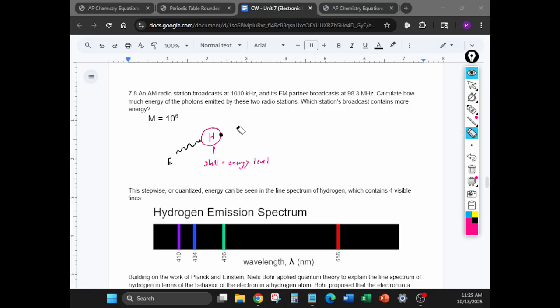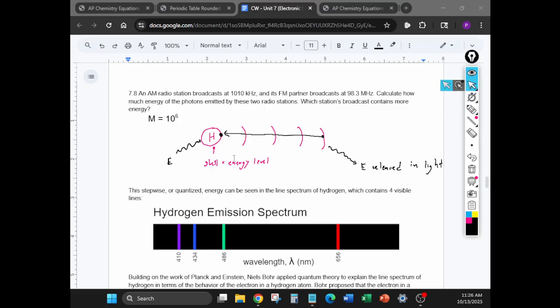But when it does that, because it's at a higher energy level, the electron is unstable. So the electron will always drop back down to its normal energy level. And when the electron drops back down, what goes in has to come back out. And so it's going to release energy, and it's going to release energy in the form of light.